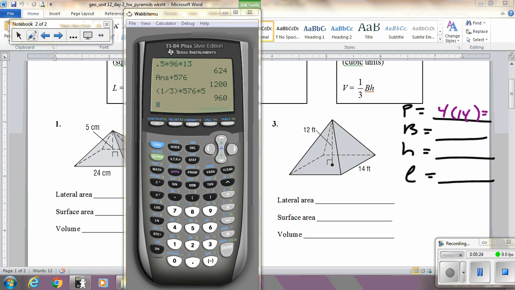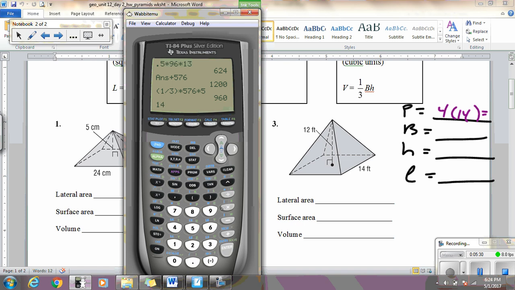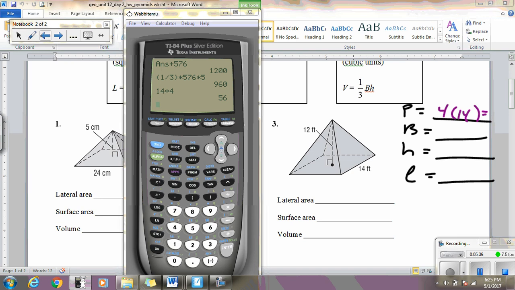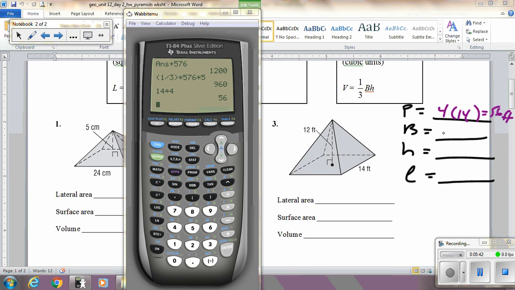And I believe that's 56. And our units are feet. For my base area, I would take 14 squared, and I believe that's 196 feet squared.